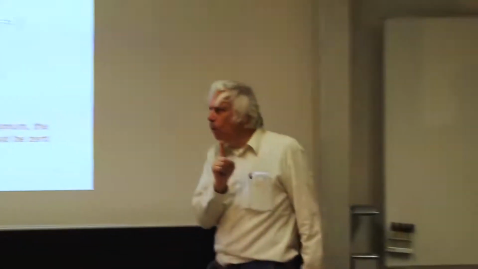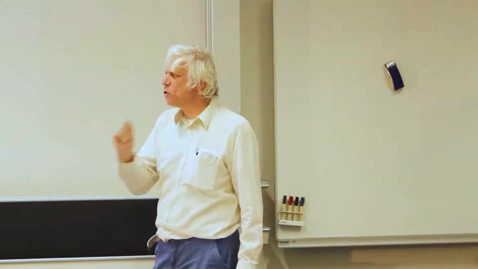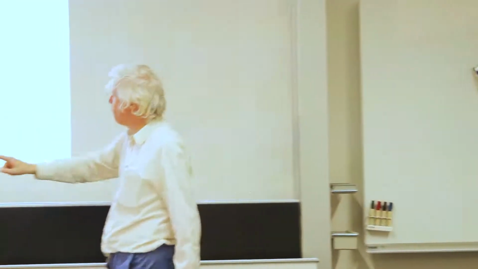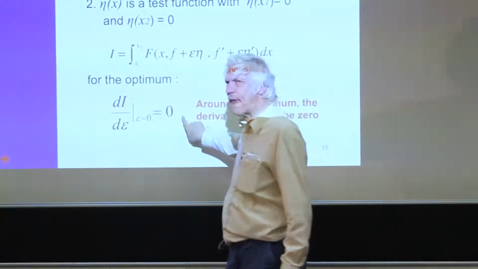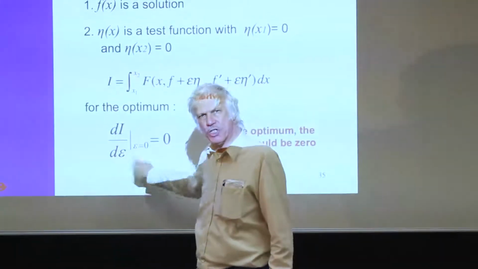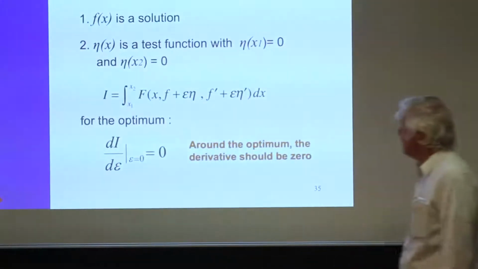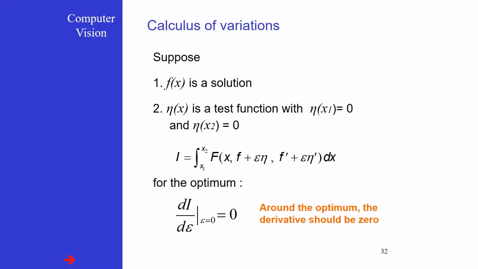But we know, if f is the solution, then that optimum, this derivative being 0, should be met when epsilon is 0. So around epsilon 0 we should have this derivative vanishing.